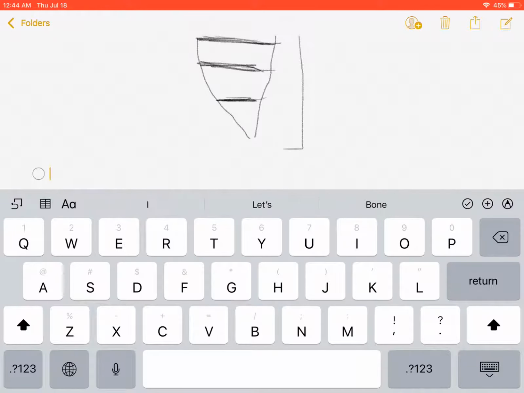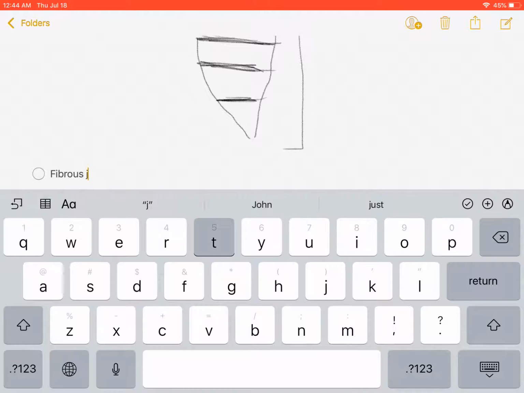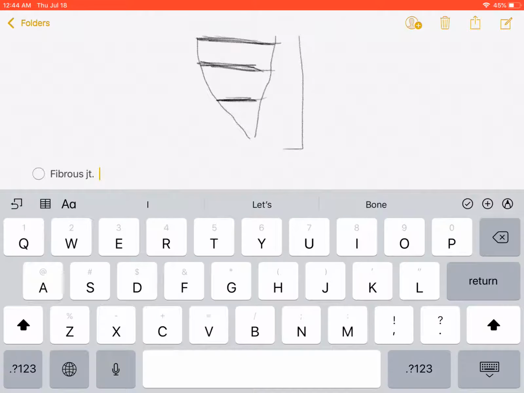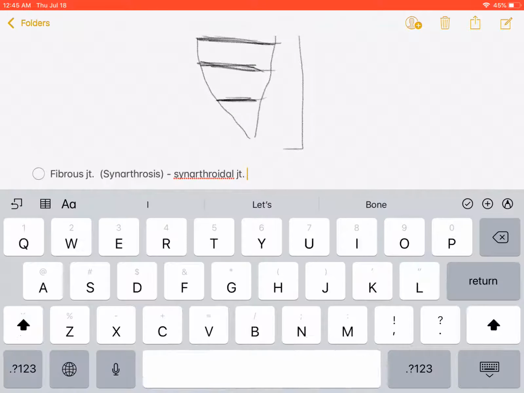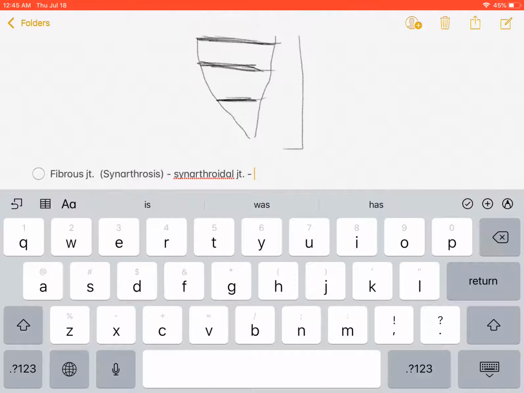Now let's talk about fibrous joint. The fibrous joint, also called synarthrosis, is a synarthroidal joint. It's a point at which adjacent bones are bound by collagen fibers that emerge from one bone and penetrate another.